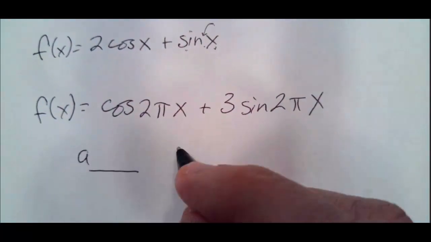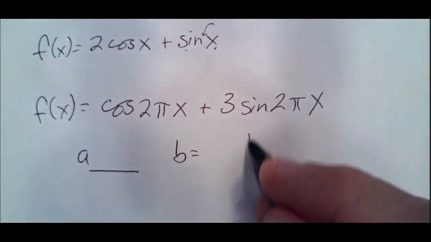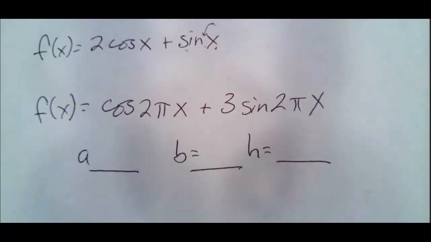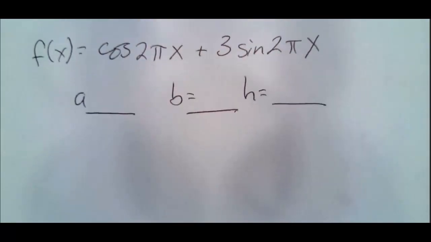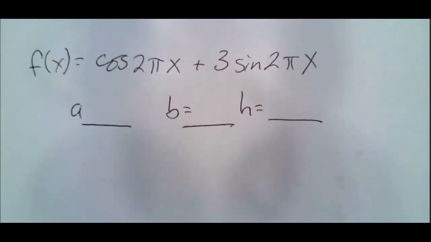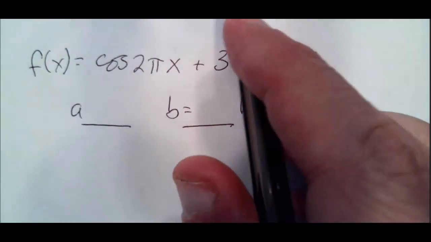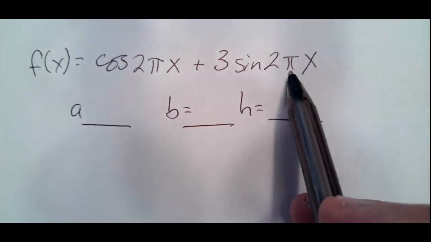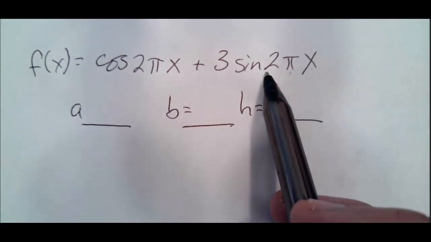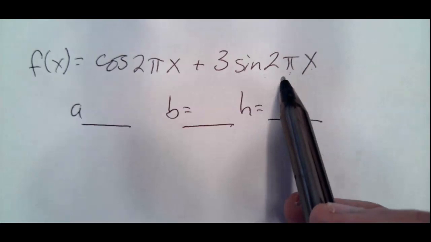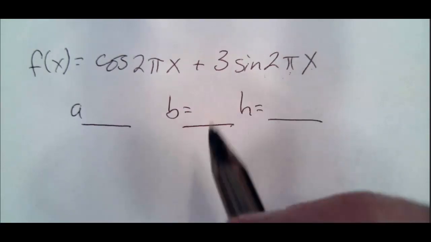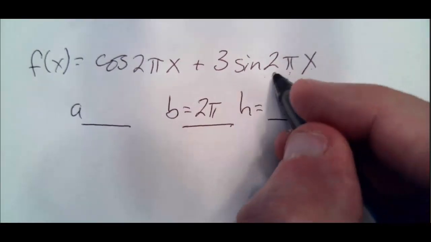Find A, B, and H. Okay, pause and try it. All right, let's see what we have here. What we want to do is go to the sine, and look at the number in front of x. The number in front of x is 2 pi. So B is 2 pi.